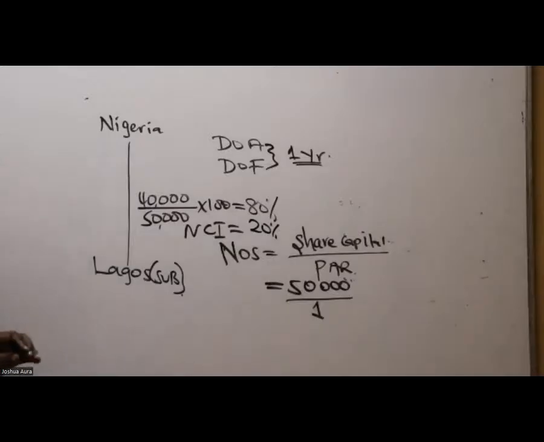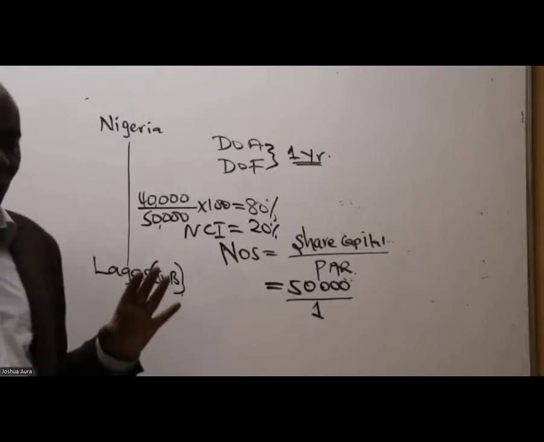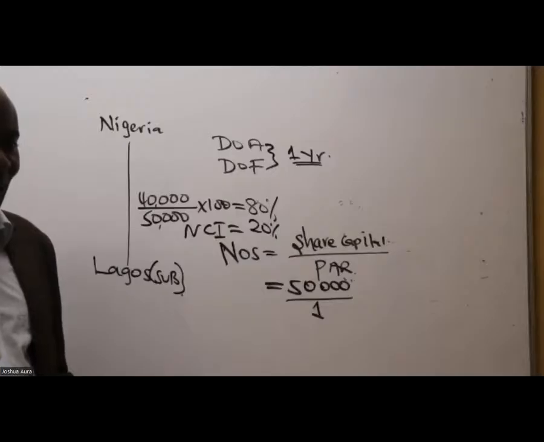That is it. Now, ladies and gentlemen, after doing this group structure, what do you think will be the next thing to be done? After the group structure, please give me the next step.